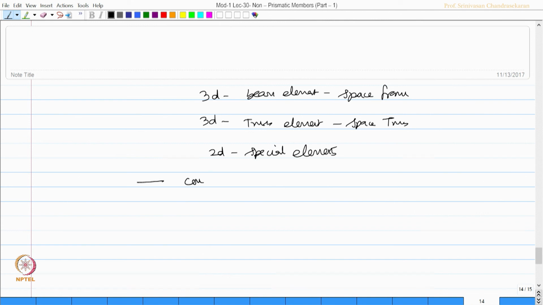We have also seen the computer codes for solving the above problems, and we have seen the advantage of using the stiffness method in solving them.